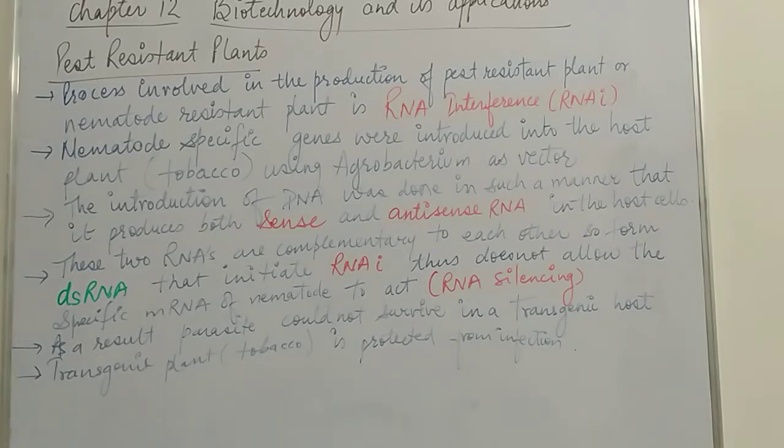Now when these nematode specific genes are introduced, what will happen? These genes carry the genetic material, the DNA. They are transferred into the host cell in such a manner that after introduction into the cell, they start producing both sense and antisense RNA in the host cell.